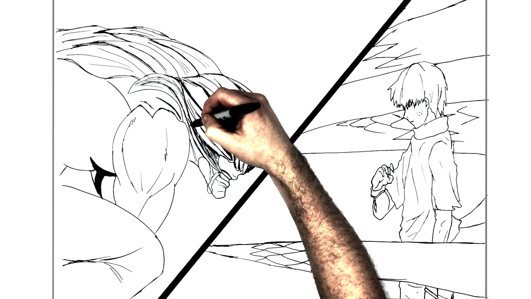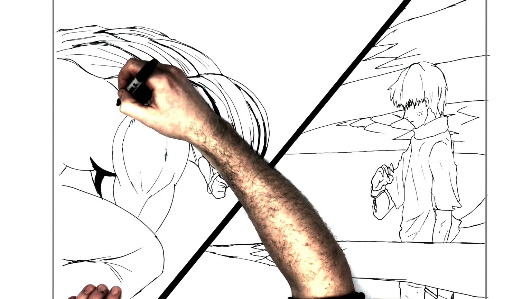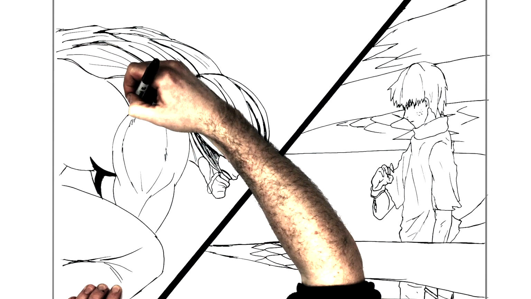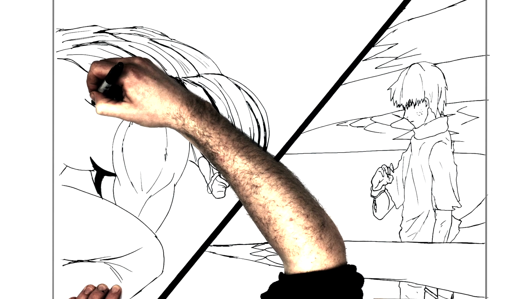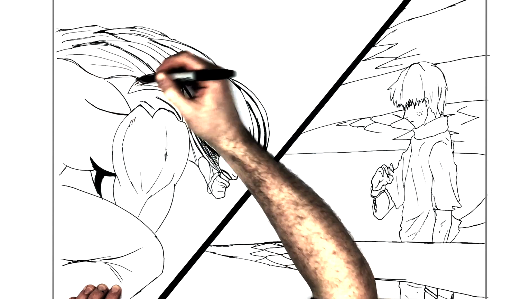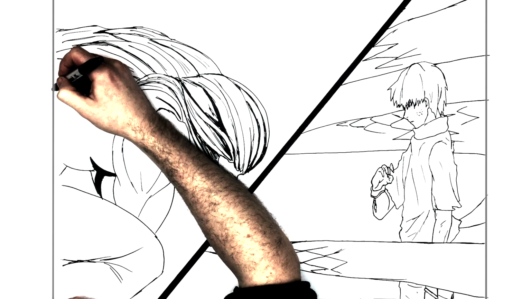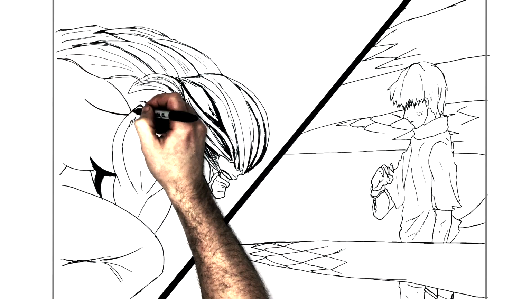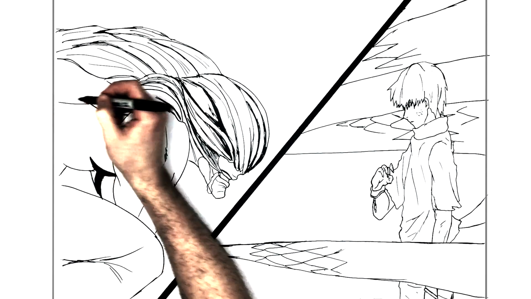A bit better. Okay, muscle line. Muscle line. This way. These are his back muscles now. Then, so just coming this way.